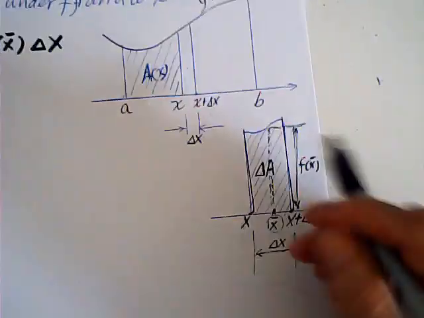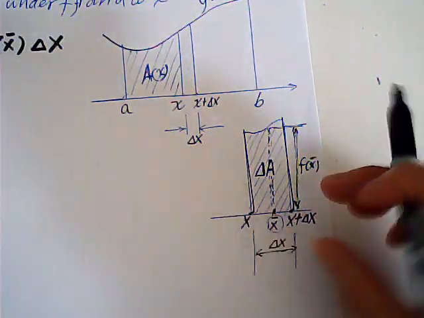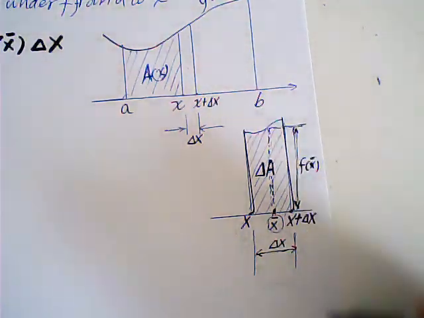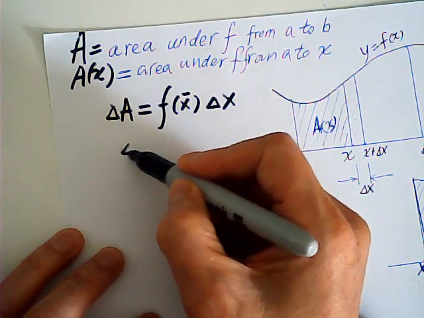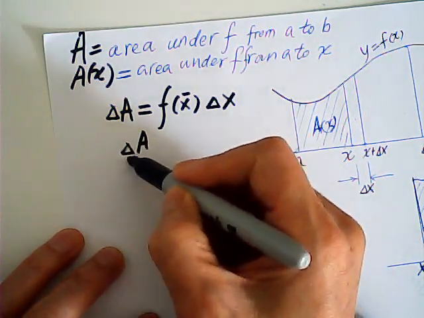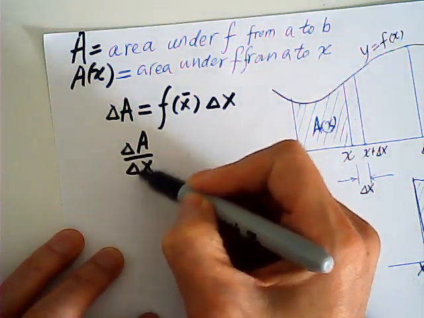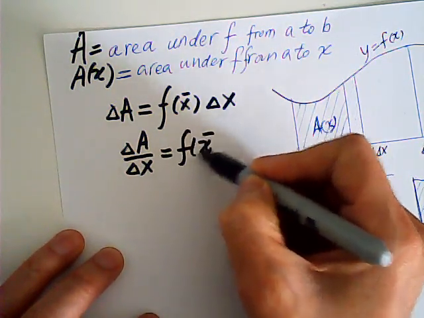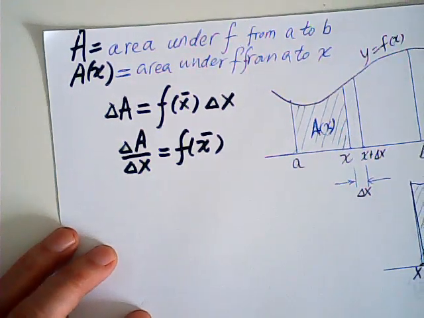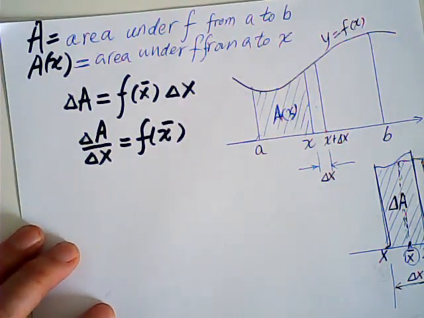The height times the width is the area of this slice. And then delta A over delta x is f of x bar.